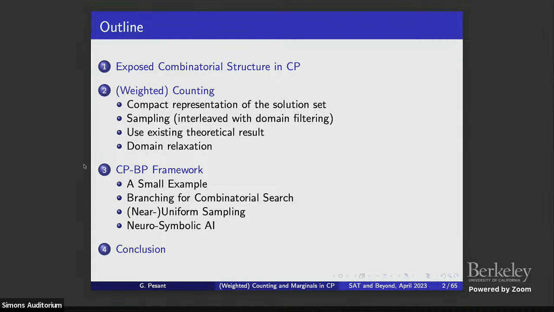You'll see why when we come to the third part about the CP-BP framework. So basically CP solvers where you mix it with belief propagation because you've got a richer propagation medium. I'll come to that and give you some examples and why that can be useful.